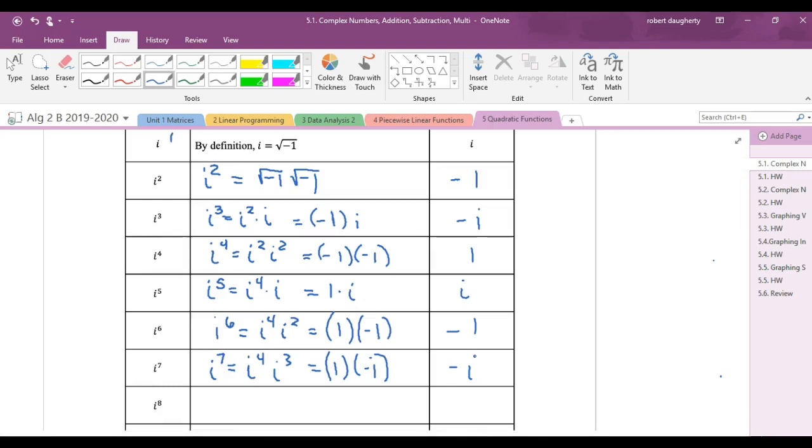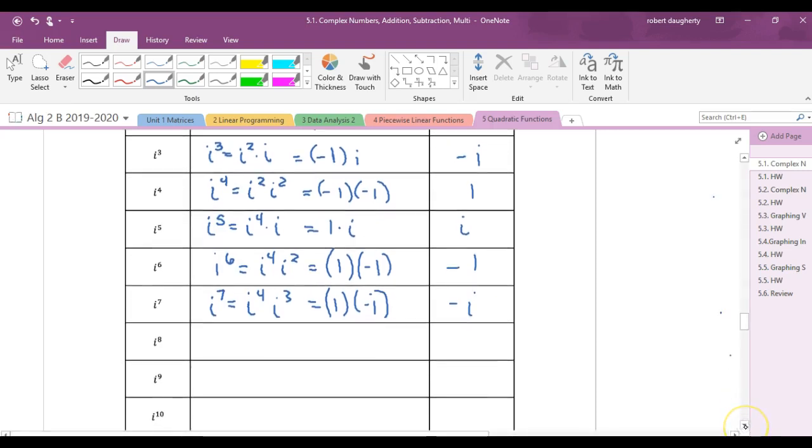What do you think? 1. I to the eighth can be written as I to the fourth times I to the fourth. I to the fourth is 1, okay? So this is just 1 times 1, that's 1, okay? So when you take I to a power, you're going to get one of 4 answers. I, negative I, 1, or negative 1, okay?